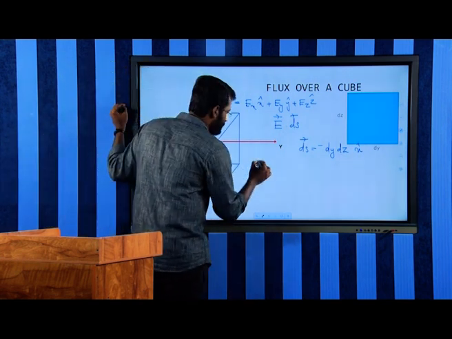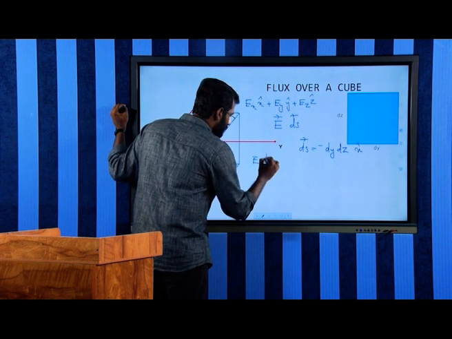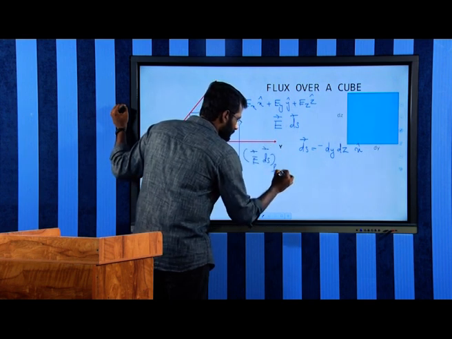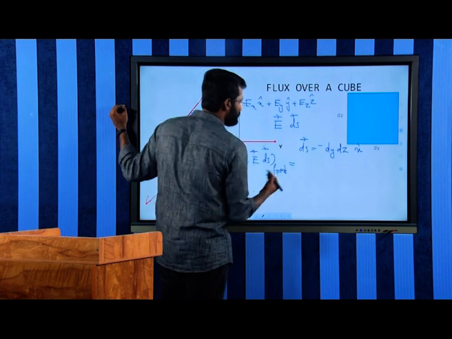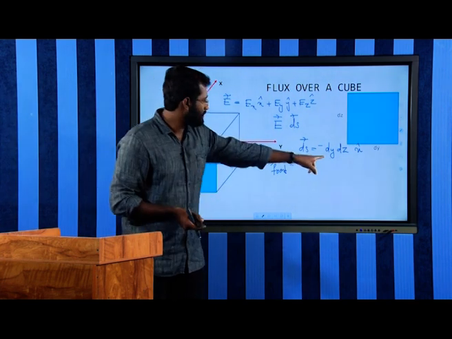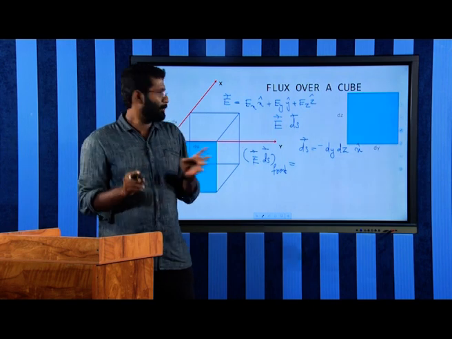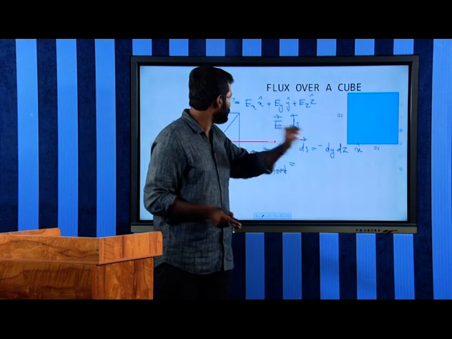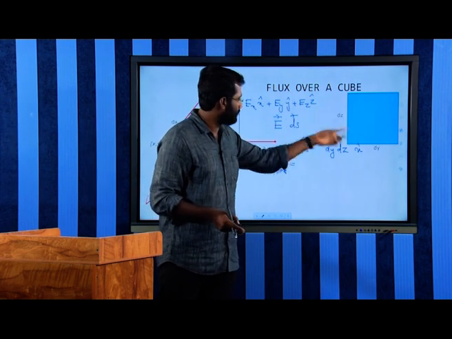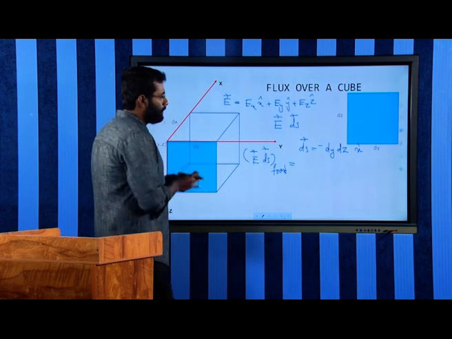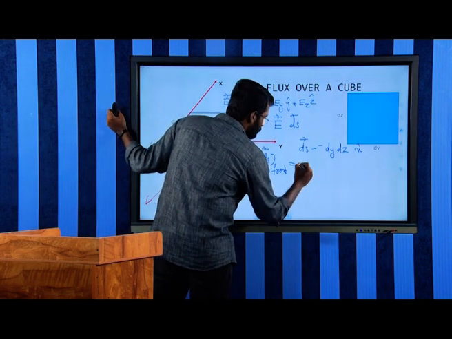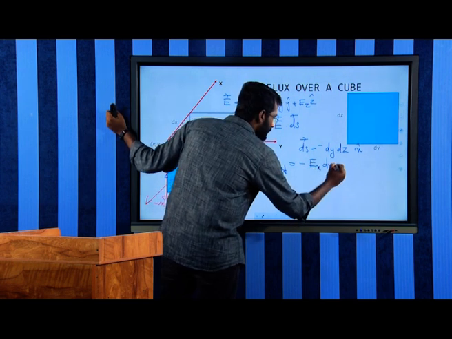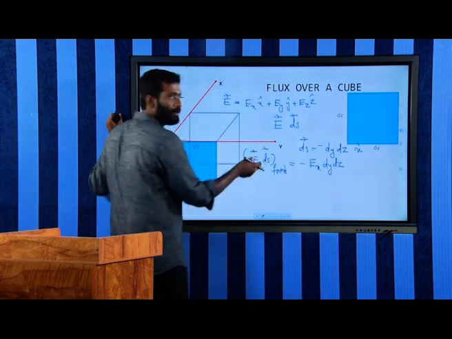Take the dot product of this with this. When taking the dot product, only the like components exist: x cap dot x cap is 1, y cap dot x cap is 0, and z cap dot x cap is 0. So for the front surface, E dot ds is minus Ex dy dz. There is no direction because we are taking the dot product.